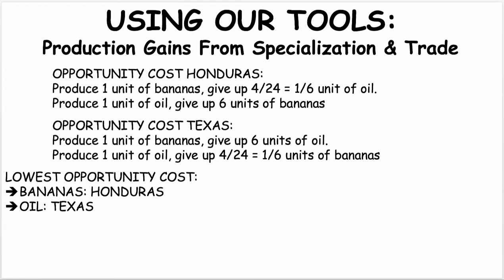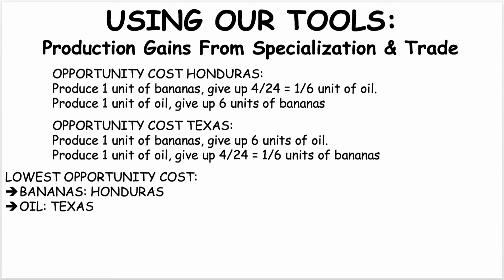If we compare the opportunity cost for Honduras and Texas, we see that for Honduras to produce 1 unit of bananas, they have to give up 1/6 of a unit of oil. For Texas to produce 1 unit of bananas, they have to give up 6 units of oil.